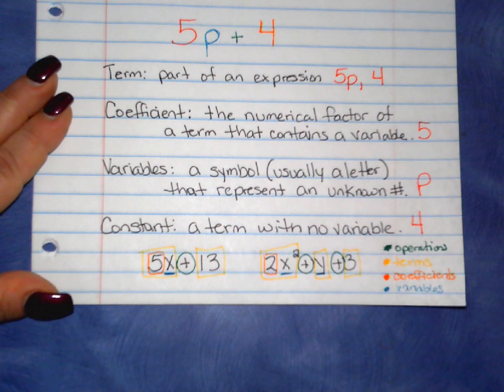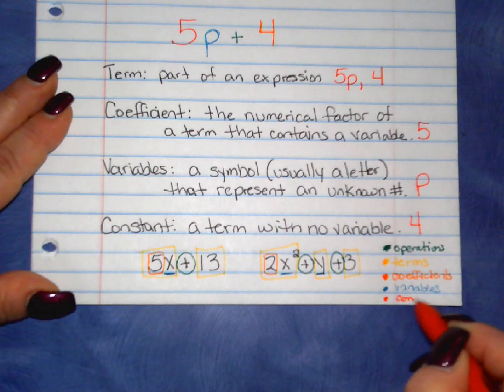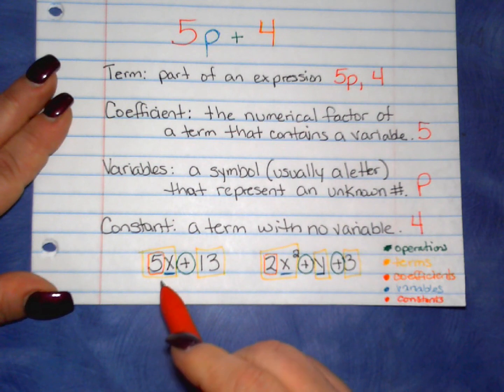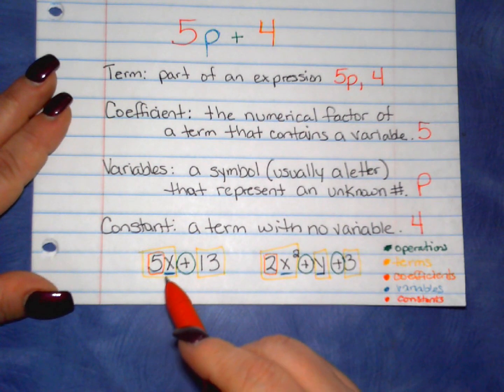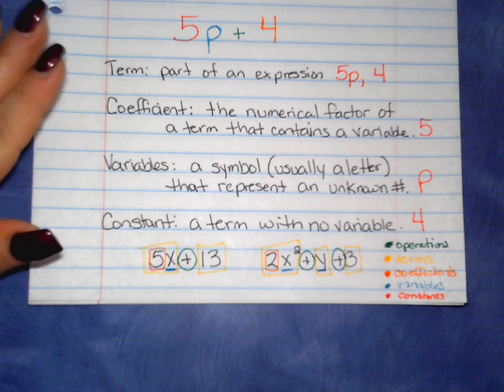And then last things last, I'm going to look for my constants. I'm going to use red for my constants. And 5 is definitely not a constant because it's attached to the x. In this problem, it's 5x, but I could change that 5. I could make it 4x or 3x or 2x or 50,000 gazillion x's.